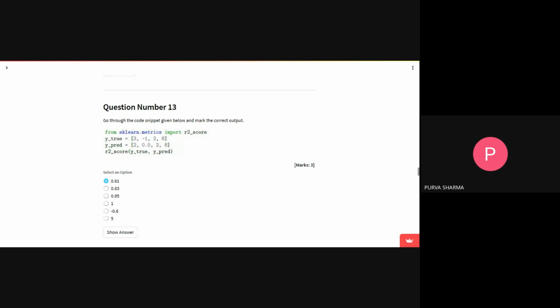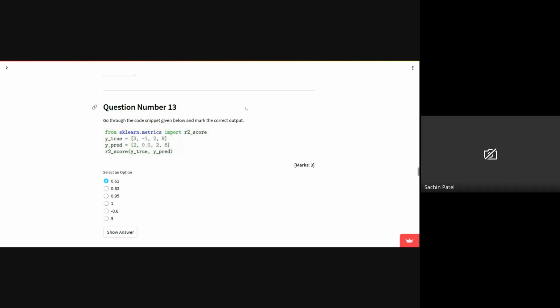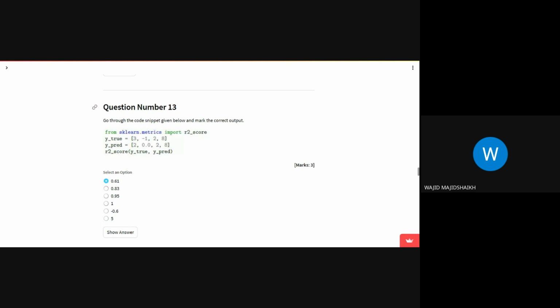Does anyone remember the formula? Yes, ma'am. It's 1 minus u by v, where u is the squared error. Here they are expecting you to know the formula and then calculate the R2 score.